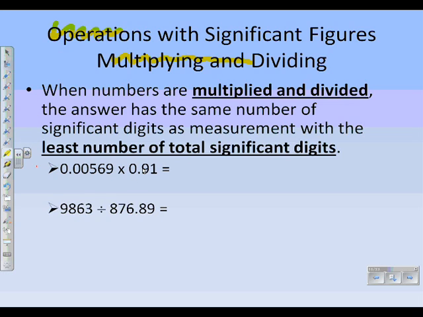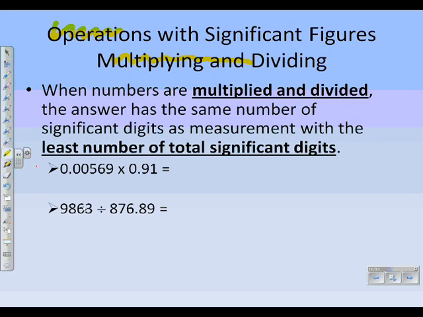This number contains 2 significant digits. So when we are multiplying or dividing, our answer needs to have the same number of significant digits as the least number of significant digits. So the answer to this multiplication problem should have 2 significant digits. So you type it through your calculator, you round to the right number of significant digits. Same thing on the bottom here.